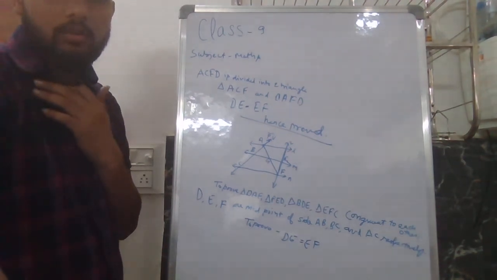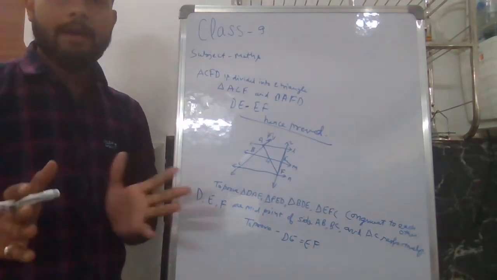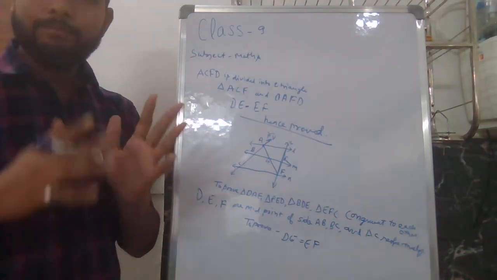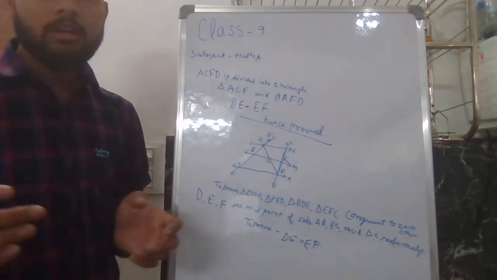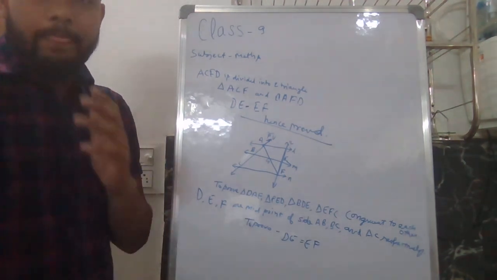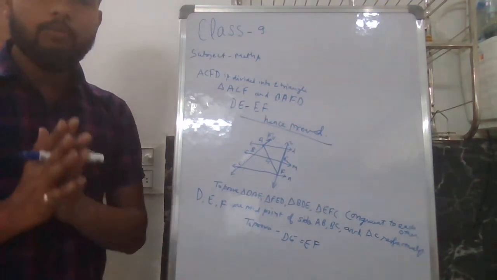So let's recall what we have learned in today's class. We have discussed one theorem, proved that theorem and solved one question based on that theorem. Okay, so I have homework for you.